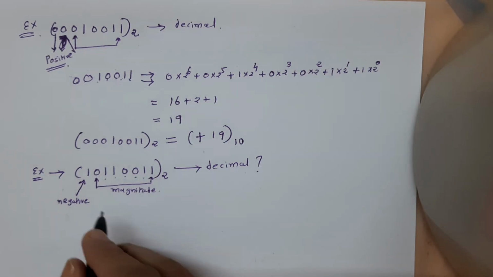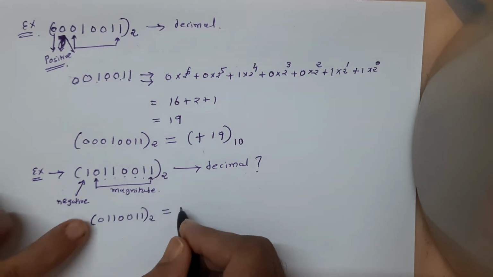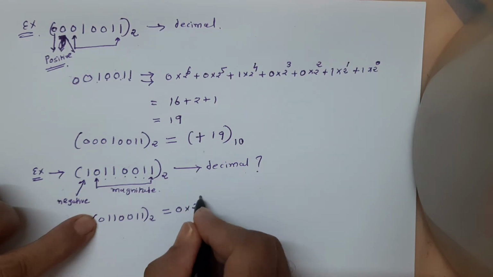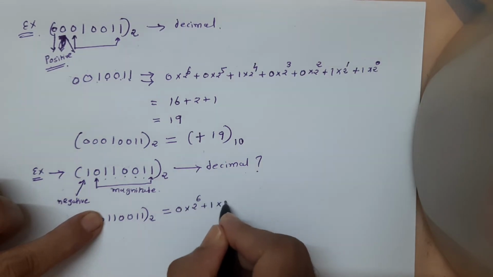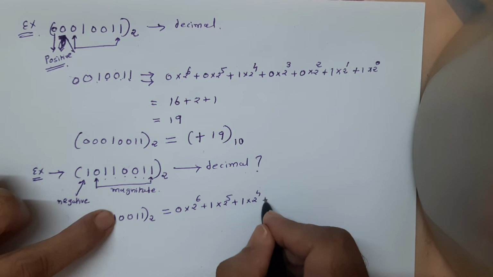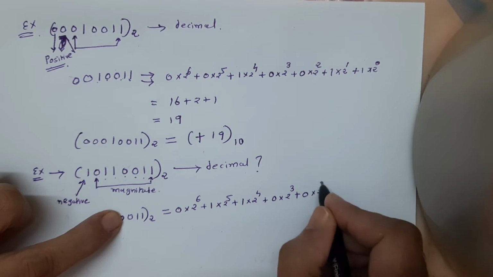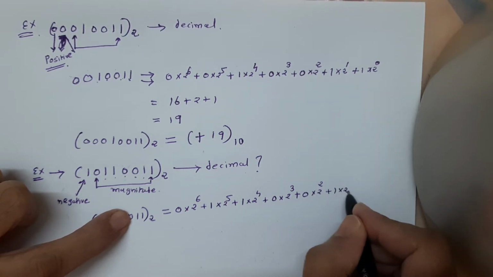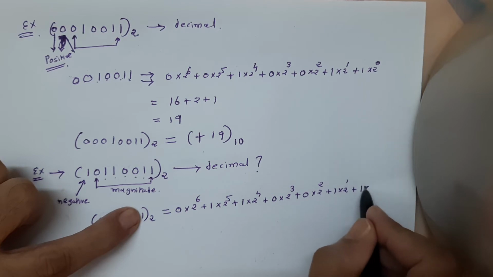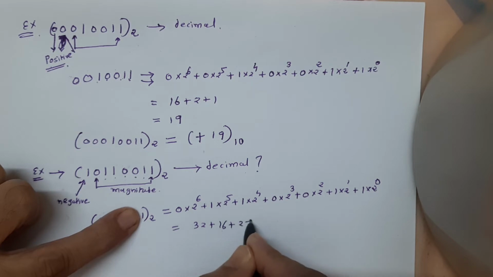So we take the magnitude 0110011 binary. It is equal to 0 into 2 raised to 6 plus 1 into 2 raised to 5 plus 1 into 2 raised to 4 plus 0 into 2 raised to 3 plus 0 into 2 raised to 2 plus 1 into 2 raised to 1 and plus 1 into 2 raised to 0, and this is equal to 32 plus 16 plus 2 plus 1, which is equal to 51.